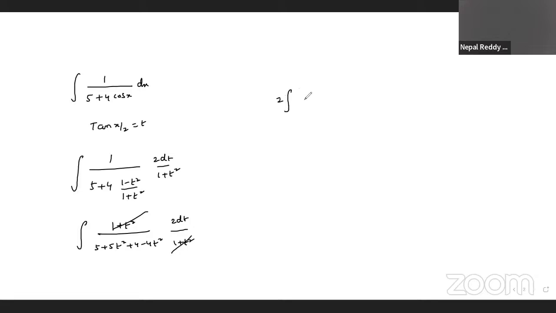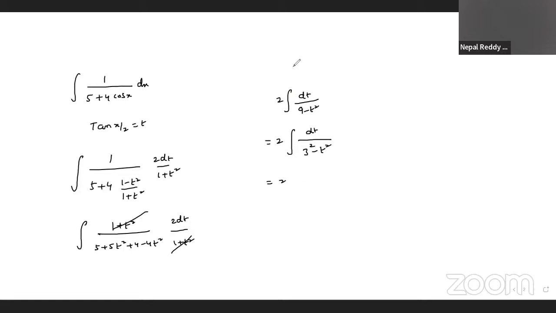Now you will get integral 2 dt divided by 9 plus t square, and the integral is dt by 3 square minus t square.